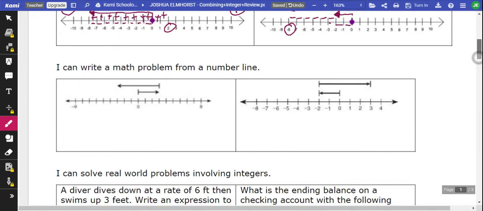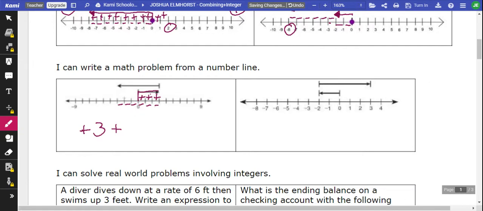So I can write a math problem from a number line. So our first problem is going to be going to the right. So we got 1, 2, 3. So +3. And then we're going to go left, -1, 2, 3, 4, 5, 6.